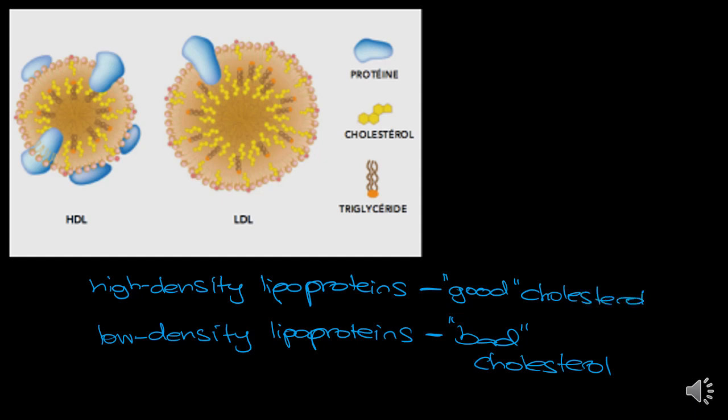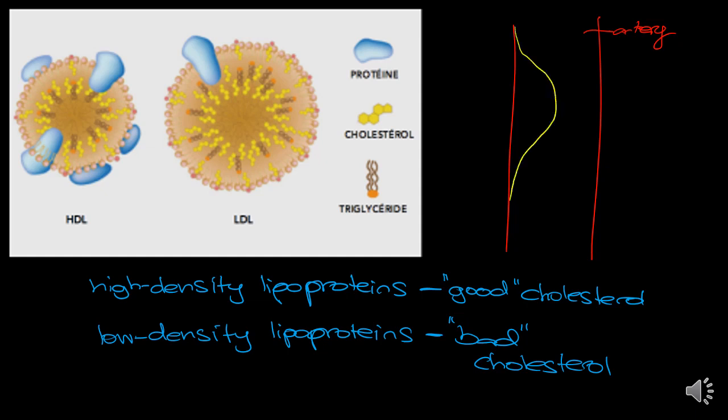Okay, so what makes our low density lipoproteins quote unquote bad? If I've got an artery, what can happen with my LDLs is they can form plaques on the sides of my arteries and constrict blood flow.